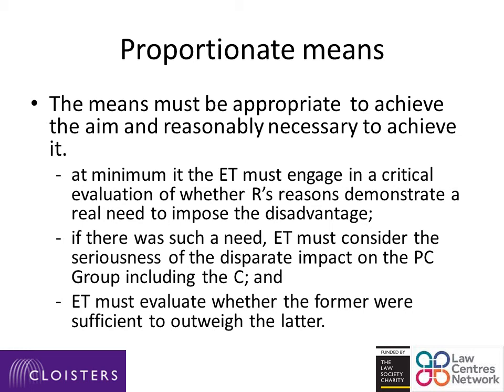If that need is proved, the Tribunal considers the seriousness of the disparate impact on the protected characteristic group, including the claimant. And then finally, the Tribunal must evaluate whether the former was sufficient to outweigh the latter. So the need, is it sufficiently important to outweigh the discriminatory impact?